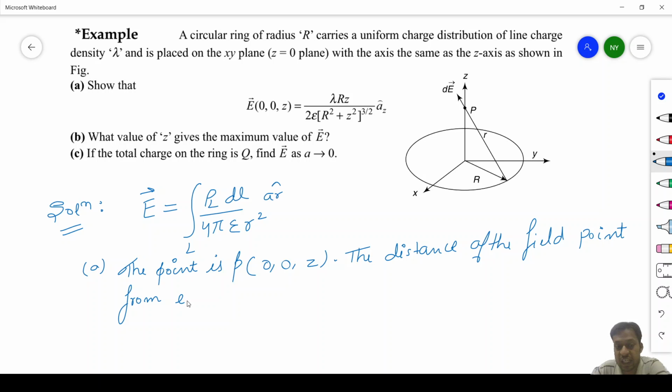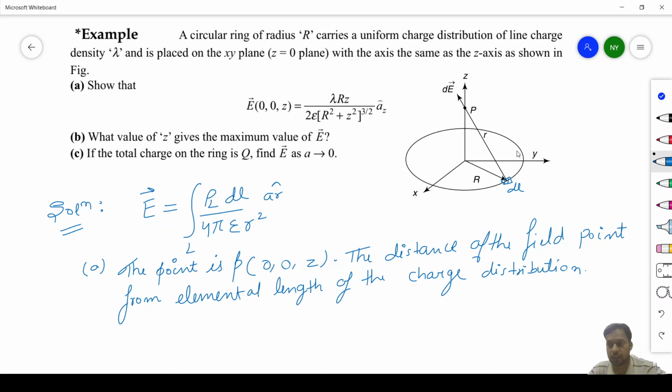So this is a ring and we take an elemental length around this, say dl. Okay, so dl, elemental length around this, that is dl.